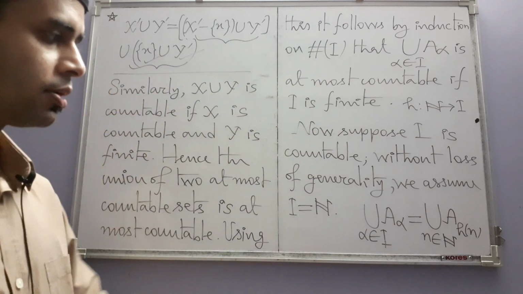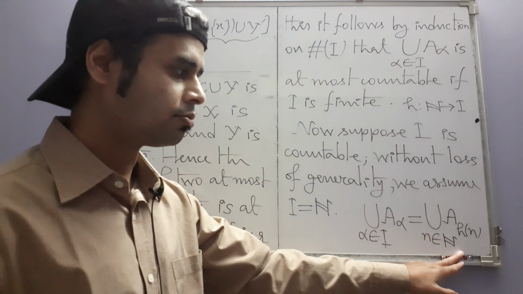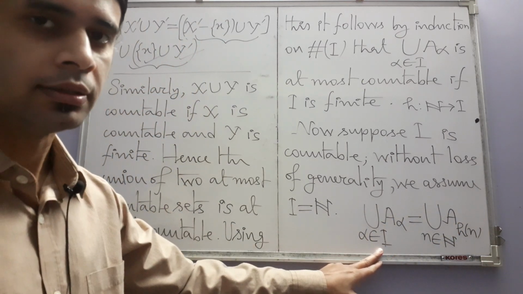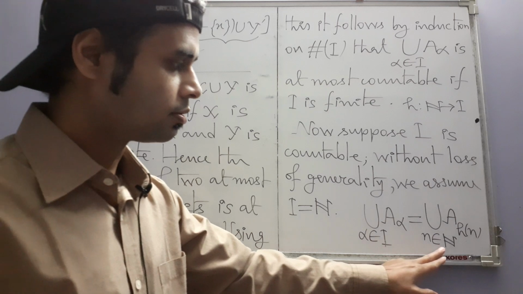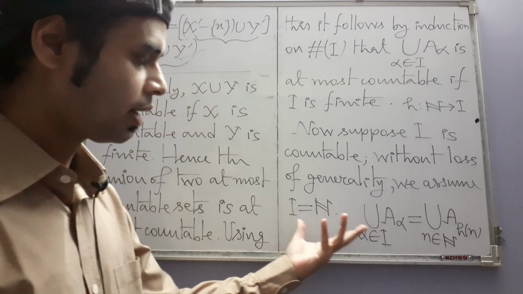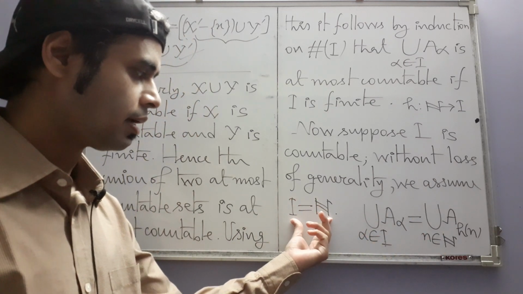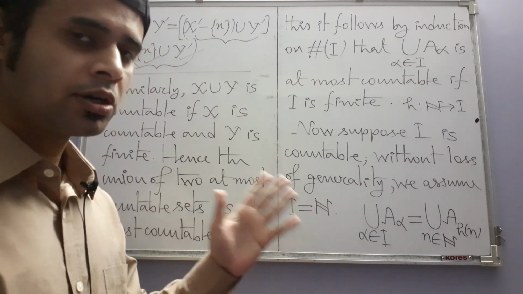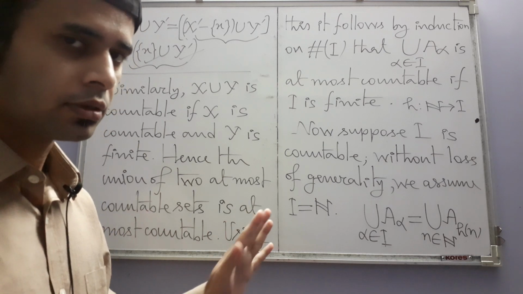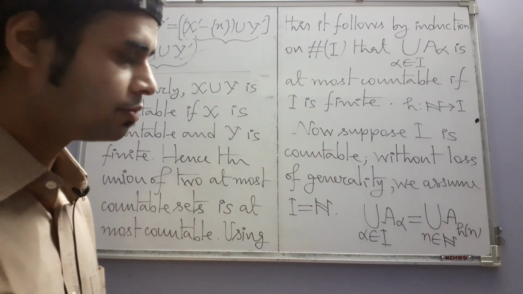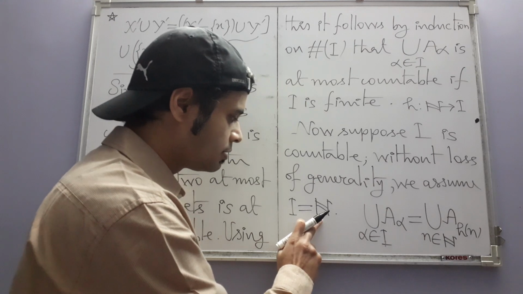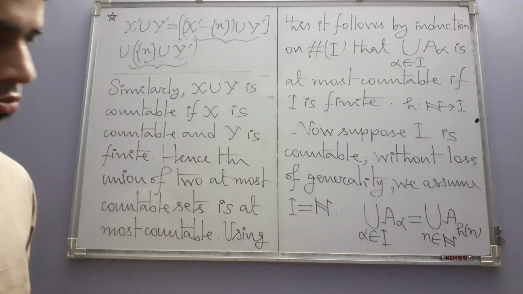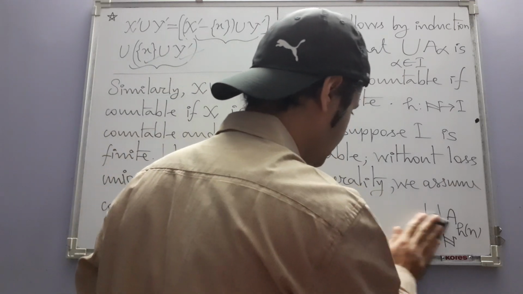Do you see this? Because as you vary n over N, h(n) actually varies over I as alpha. So we can in fact just simply assume that I is N itself. Really I may not be N, but some countable set. However, for our purposes, it's enough to consider that I is N. We don't lose any generality by assuming that.